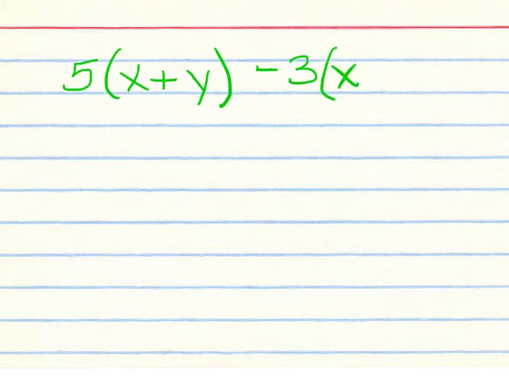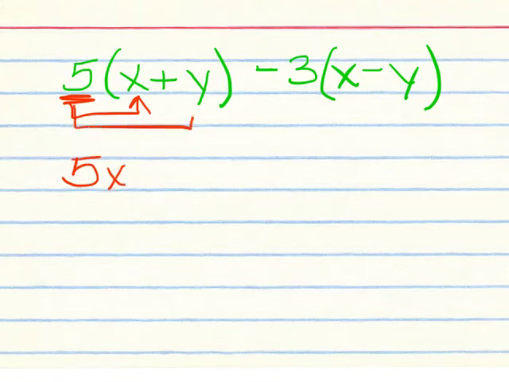Another example, 5 times the quantity of x plus y, and then minus 3 times the quantity x minus y. Step 1 is to multiply through the first set of parentheses by 5 to get 5x, and then plus 5y. Treat this as a negative 3.